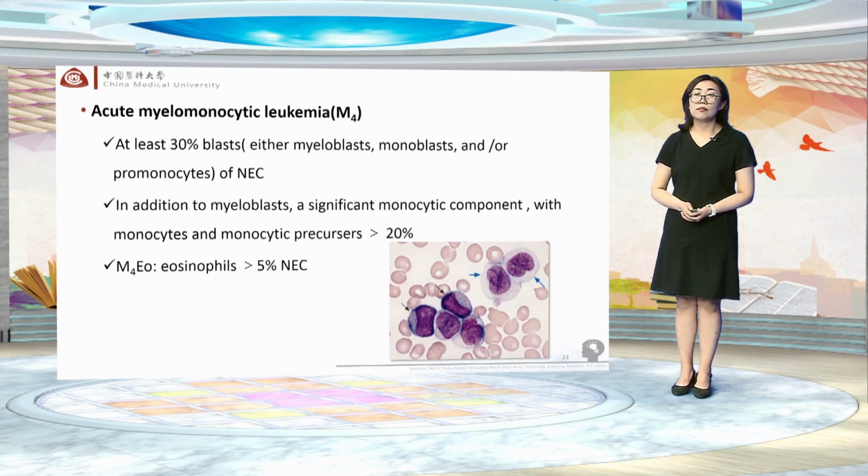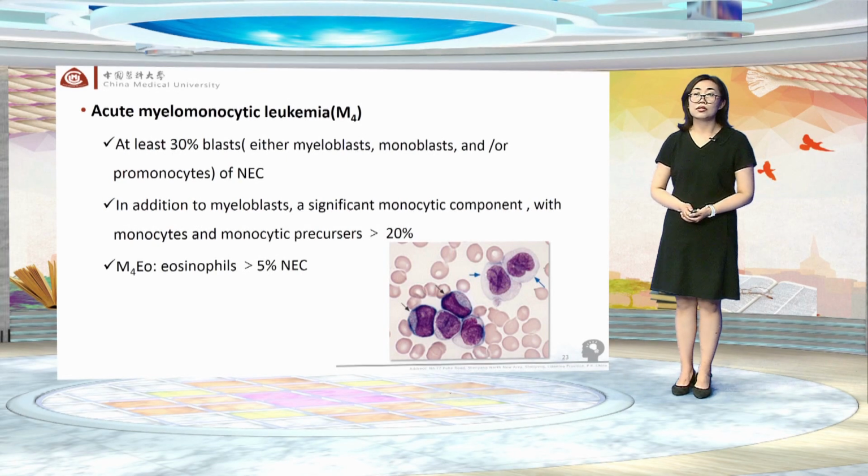M4 is the acute myelomonocytic leukemia. There are at least 30% blasts, either myeloblasts, monoblasts, and or promonocytes of NEC. In addition to myeloblasts, black arrows, a significant monocytic component, blue arrows, can be seen, with monocytes and monocytic precursors more than 20%.